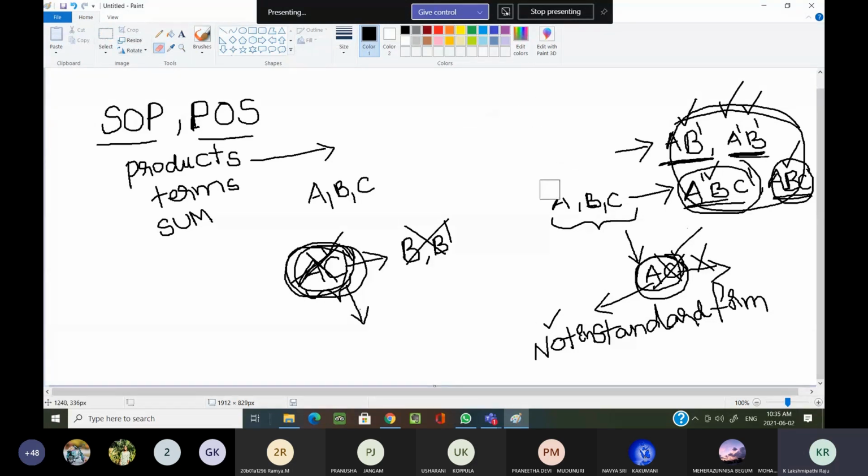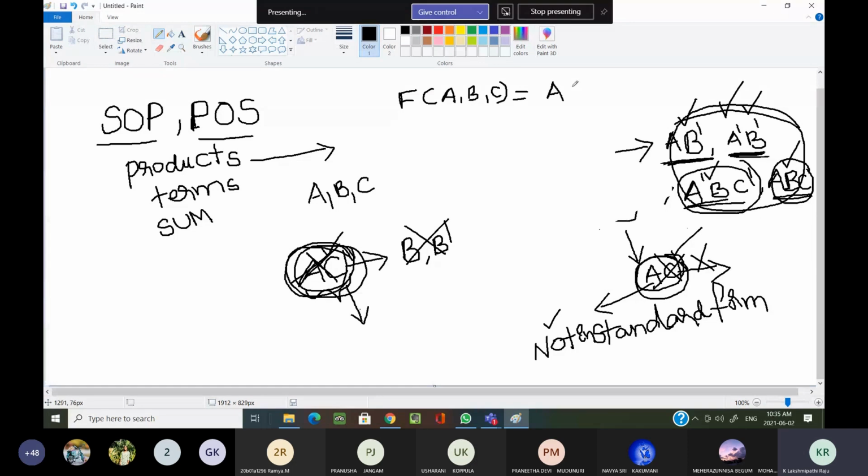Now I can write one example expression. F of ABC, a function of three variables. I'm directly writing the expression.